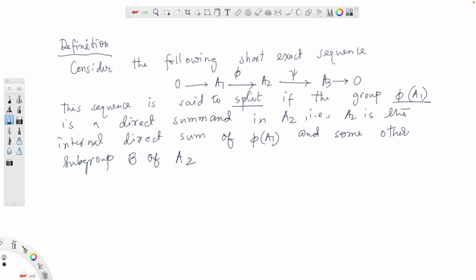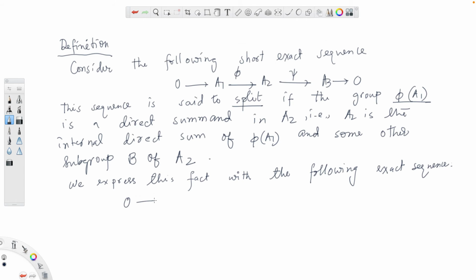So what we have written down here can be expressed by means of the following exact sequence: 0 goes to A1, A1 goes to phi of A1 direct sum B, and this goes to A3 to 0.